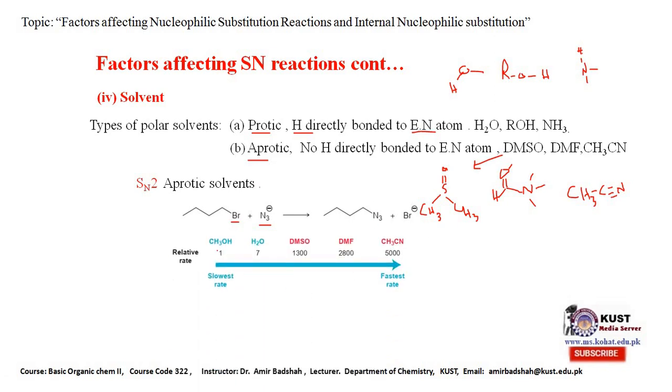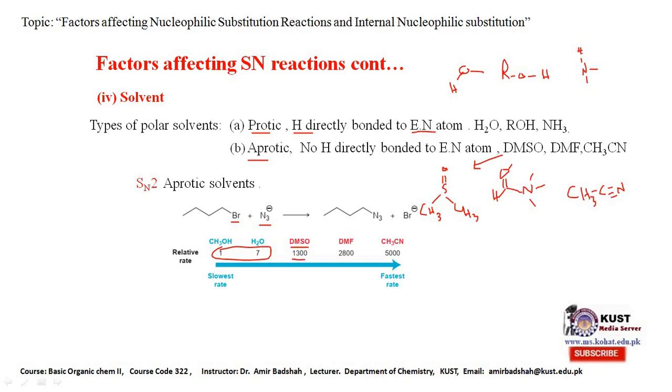If we use methanol or water, which are protic solvents, where the hydrogen is bonded to a more electronegative atom, here the rate is comparatively very slow. But if we change the protic solvent to an aprotic solvent, for example if we add DMSO, then the rate is enhanced very sharply.